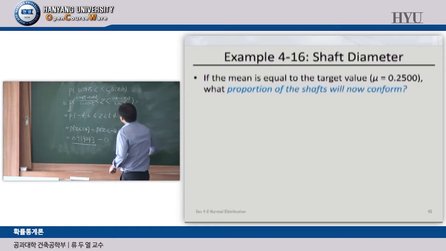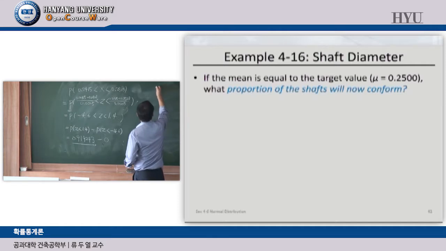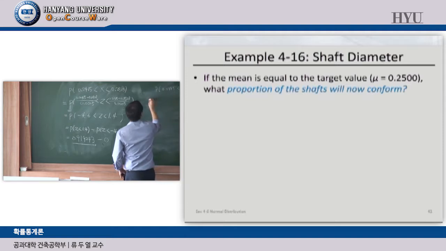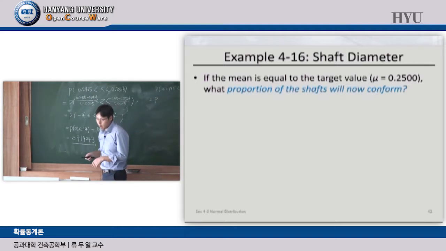In this case, we have to find the probability of x when x is between 0.2485 and 0.2515. But in this case, mu was changed, right? From 0.2508 to 0.25.